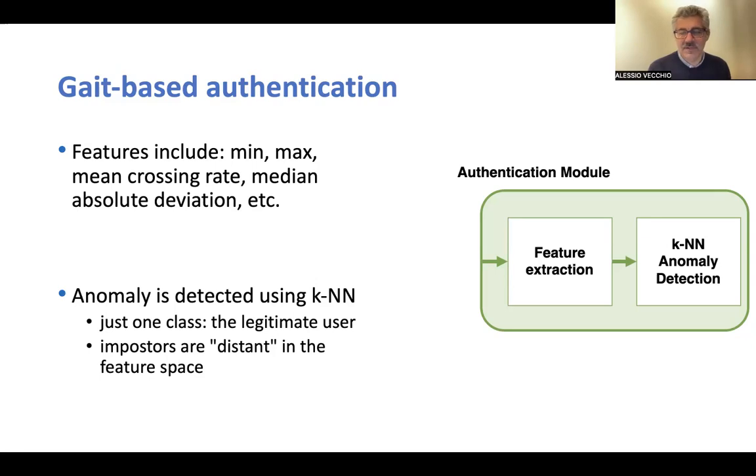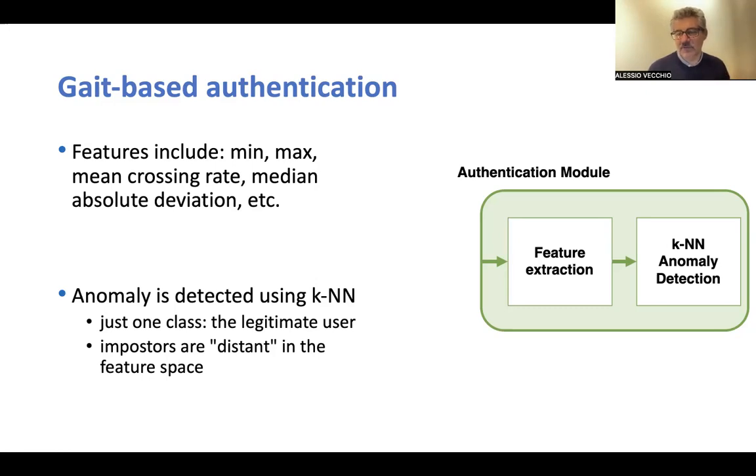So we used functions like the minimum, maximum, mean crossing rate, average value, median absolute deviation, and so on. And this is done for the 3 components of the acceleration signal and also on the module of the acceleration signal. The output of the feature extraction phase is a feature vector.